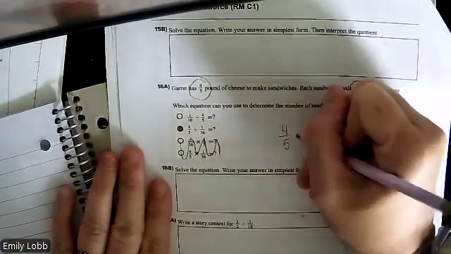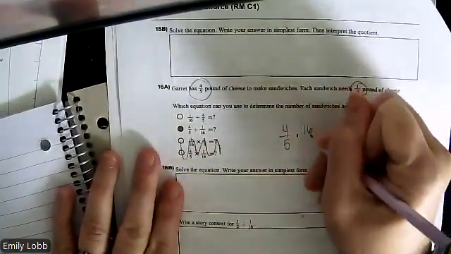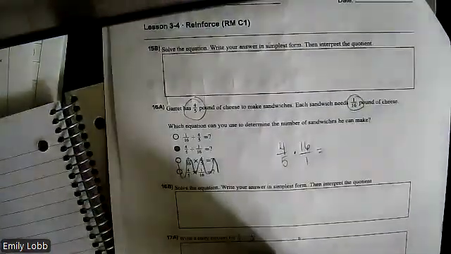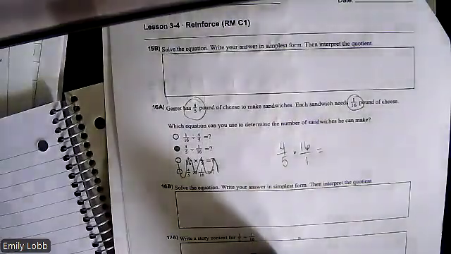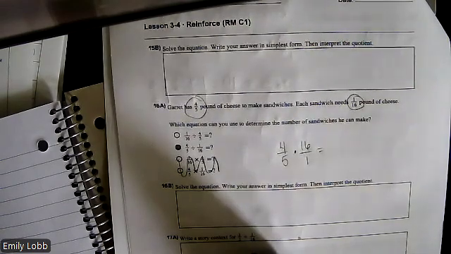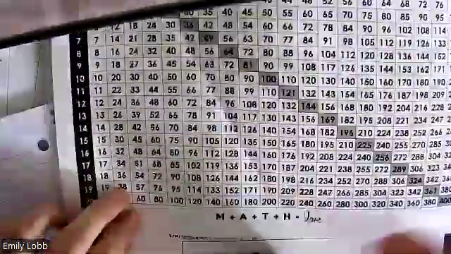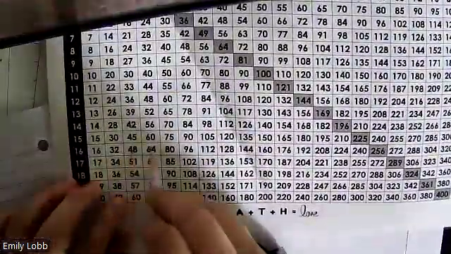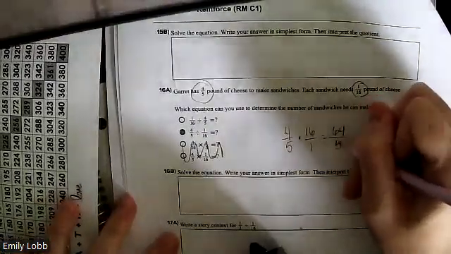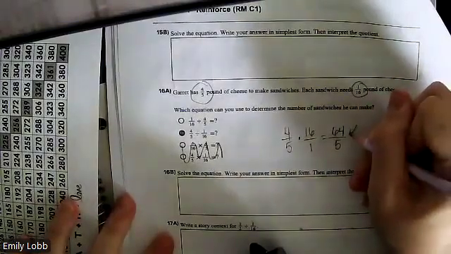When we solve it, we have 4/5 times what? 16/1. This one's kind of ugly, right? But you can use your multiplication table to figure out that 16 times 4 is 64. Let's see. 16 times 1, 2, 3, 4, 64. Remember, this means 64 divided by 5.